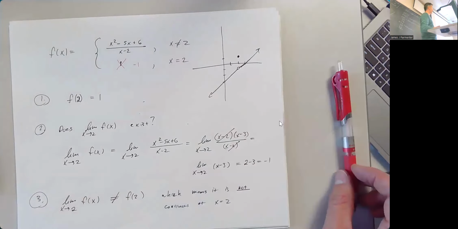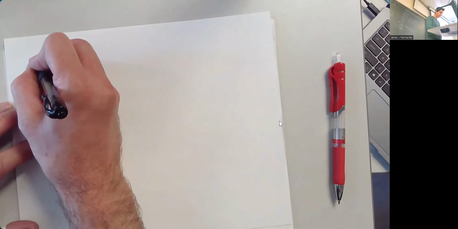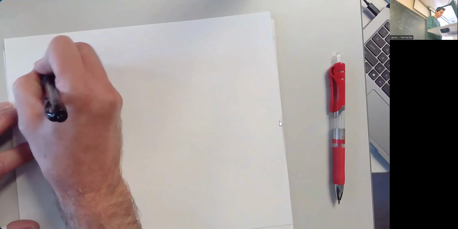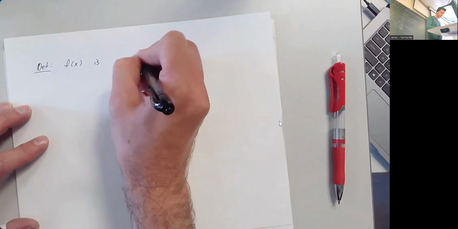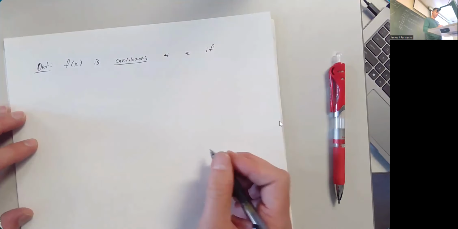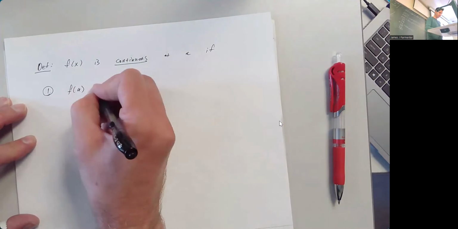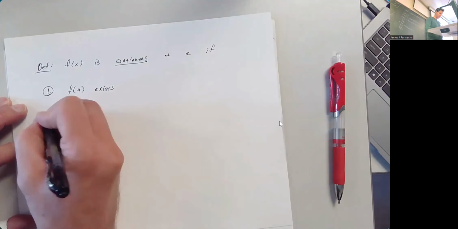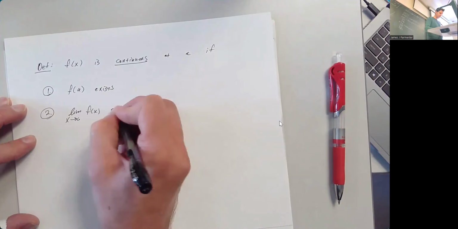Cool. So let's write down the definition of continuity. It's usually written as a 3-part definition, although really the last part is all you need. So here's what we say about continuity. Definition. f of x is continuous at a if the following 3 things are true. 1, f of a exists. 2, the limit as x approaches a of f of x exists.